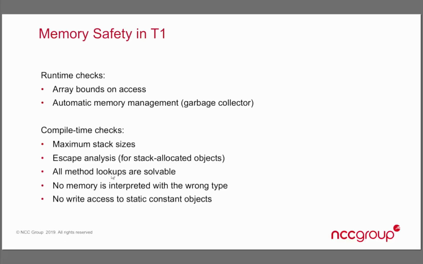I want all method lookups to be solvable, because all my function calls are becoming method calls, which depend on the runtime types of the values I'm handling. So I want the compiler to make sure that I will not fail with an exception that says, no, for these objects, there is no callable method.